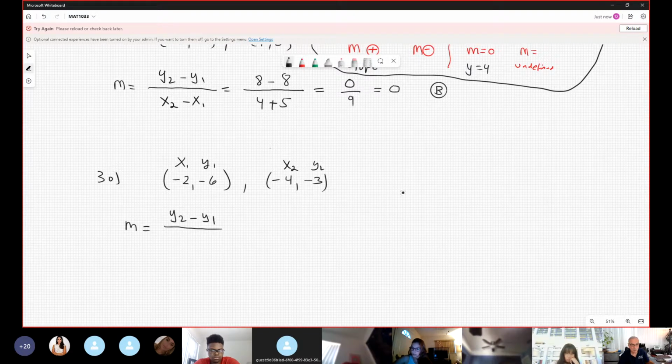I like so much to put the formula, guys. In mathematics, the organization is super important. Okay, y2 is minus 3, no? You correct me if I make a mistake. If y1 is minus 6, we have a double minus, the minus of the formula and the minus of the value, so it's 6 positive. x2 is minus 4, minus x1 is negative 2, so it's plus 2.